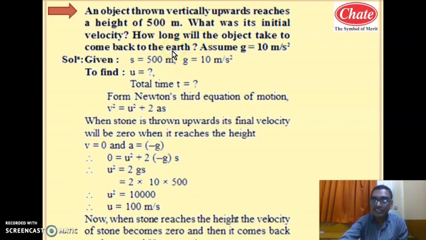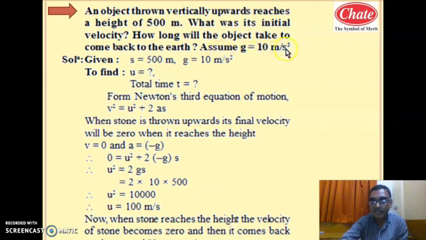Here is the to and fro journey of the object, like you have studied in sound, the sonar and echo case. The object moves up and then reaches the ground. Whatever the displacement, the total distance will be twice of it, that is, the upward distance traveled plus the downward distance traveled.